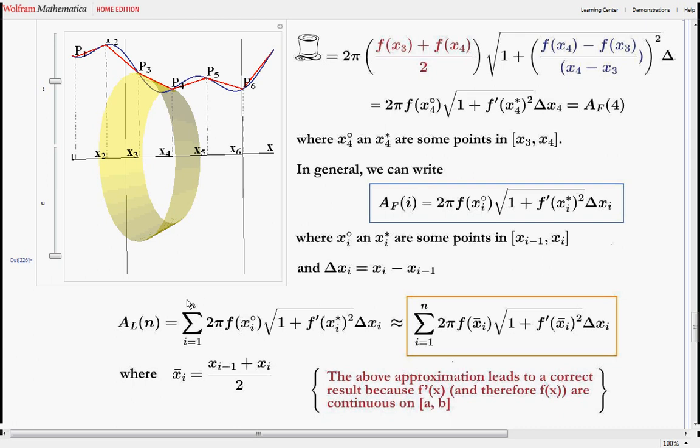Now, in order to make progress, we have to make one approximation. Namely, we can replace, it turns out, the internal points x sub i circle and x sub i star with the midpoint inside this interval. It turns out that although the expression that we're going to get is not literally the same, the limits of both these expressions on both sides of this approximately equal sign are the same.